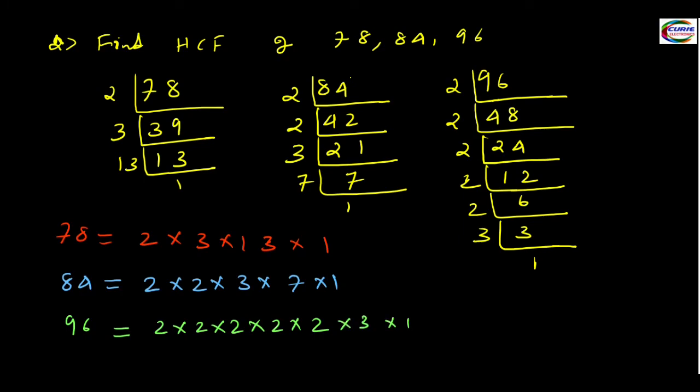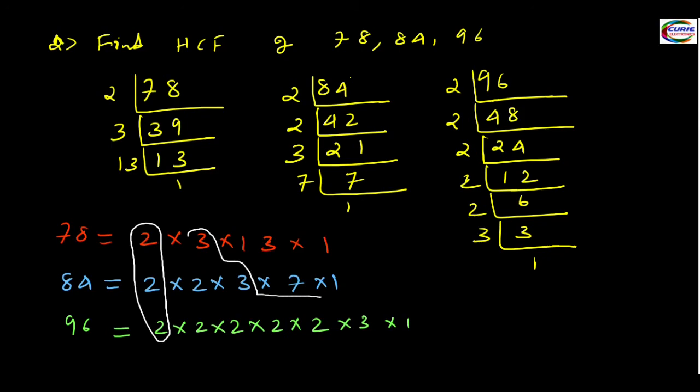Now we got the factors. How do you find the HCF? From all these numbers you have to take the common ones. The 2 is common in all the 3, and there is no more 2 in the first one. But there is one 3, and 3 is common in all these 3.